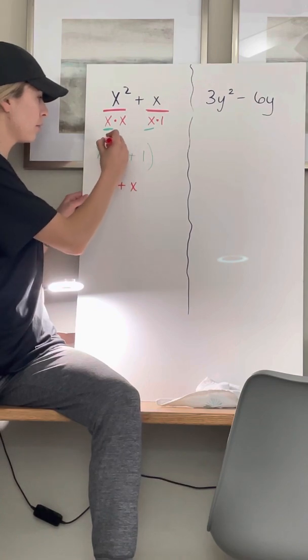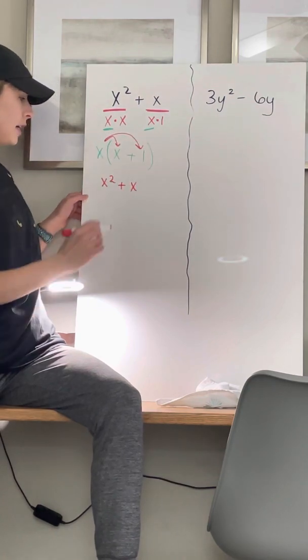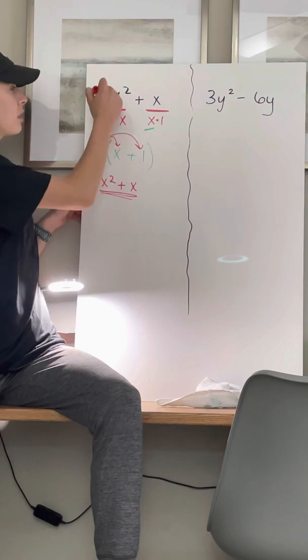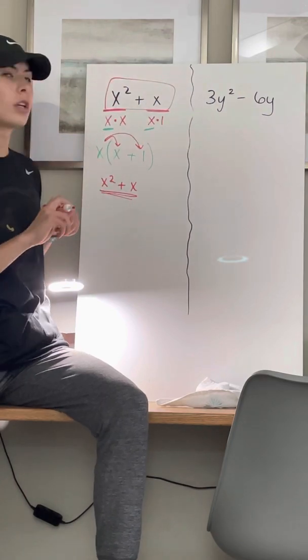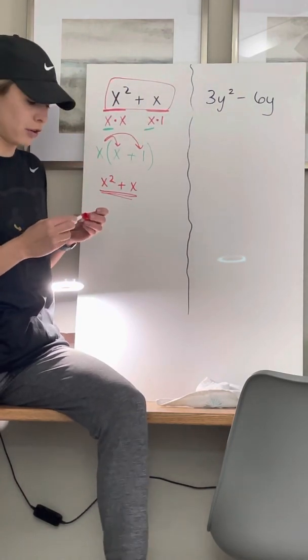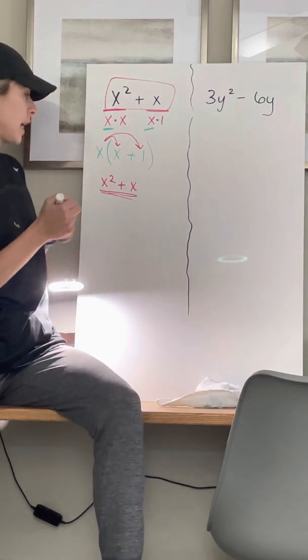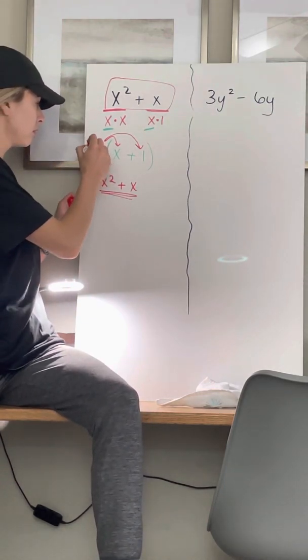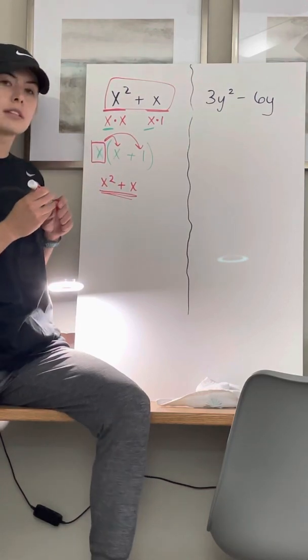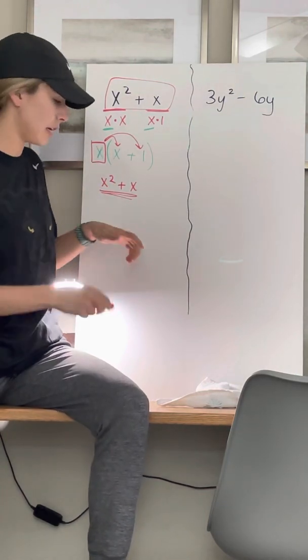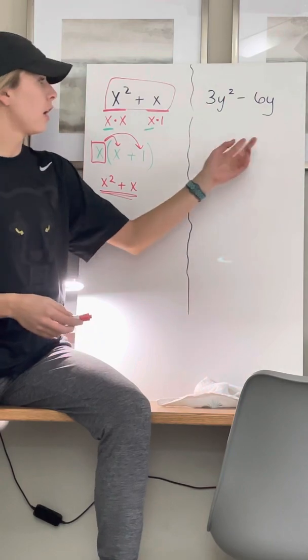So I'll show those steps. And that's what we did, right? And this one matches up here above, right? So that's how you know your factored form is correct. And so in this case, our GCF was x.